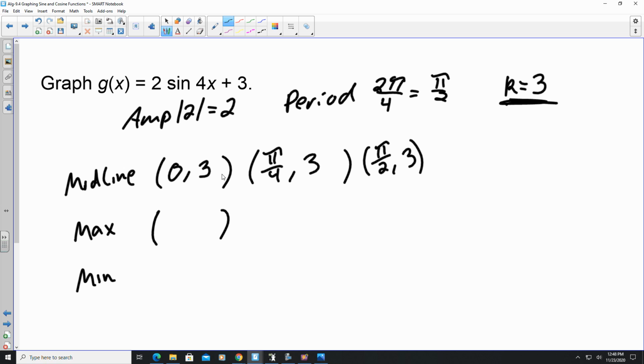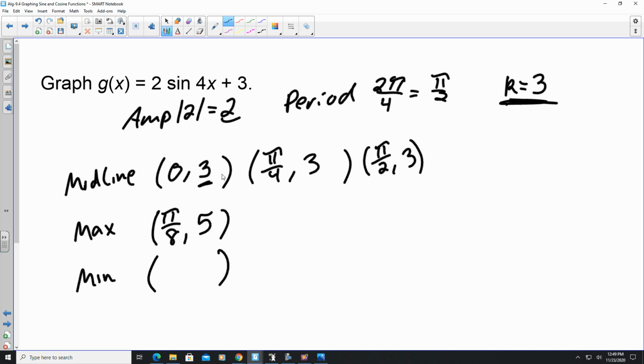Next, we have our maximum value. Our maximum value is going to be 1/4 times the period. So 1/4 times the period is pi over 8 for my x coordinate. Now for my y coordinate, I'm going to look at my midline y value and take 3 and add it to my positive amplitude, which is 3 plus 2, which is 5.